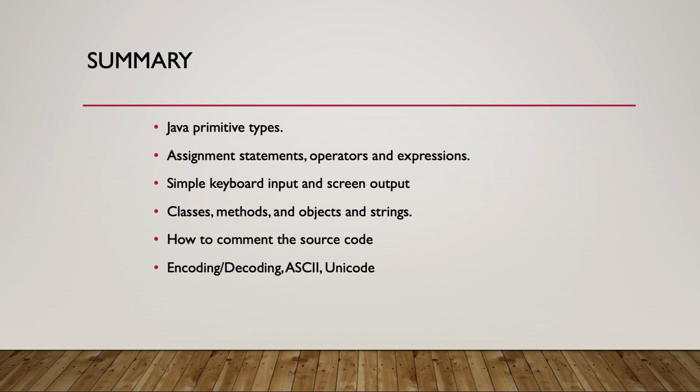Okay, congratulations! You've learned a lot of things so far. In this chapter, you've learned about Java primitive types, assignment statements, operators, and expressions. Also, you learned how to input a value from the keyboard by the user and how to display them.